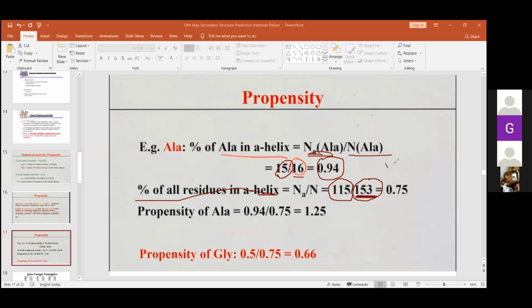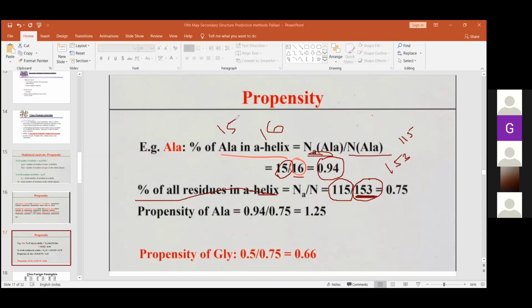So if I had a protein with a 153 long sequence, 115 of which were in alpha helical form, and I had to calculate the propensity of alanine to be in alpha helical form. Total alanine in this 153 long amino acid sequence were 16, and out of these 16, I saw that 15 are in alpha helical form.